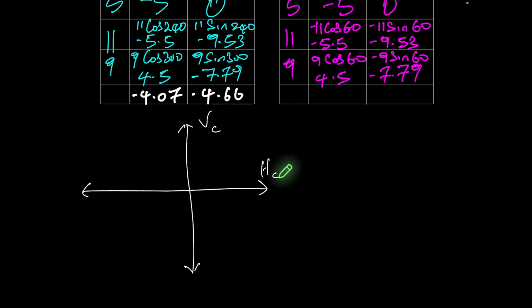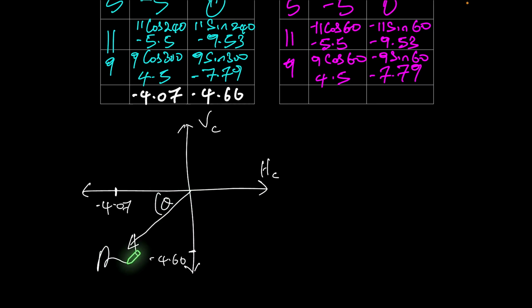Because both of these are negative, it would lie in this quadrant. So for the horizontal component, our negative 4.07 would go there, and our negative 4.66 would go there for vertical. It means the force would be acting like that, and then our angle would be right there that we're trying to find. So this is our resultant.